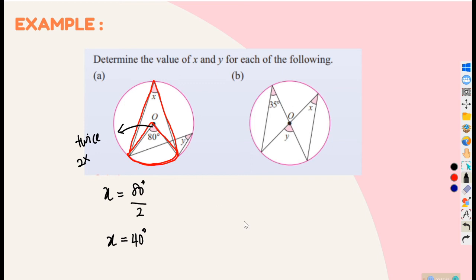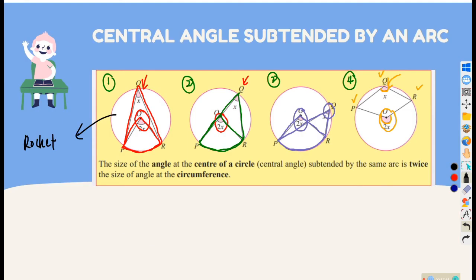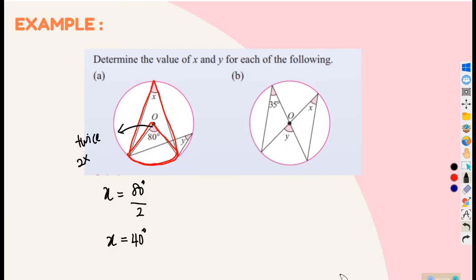As we see before, this one is the type 3. So actually it's also the same.